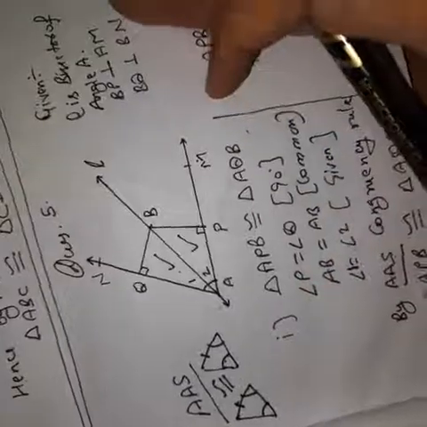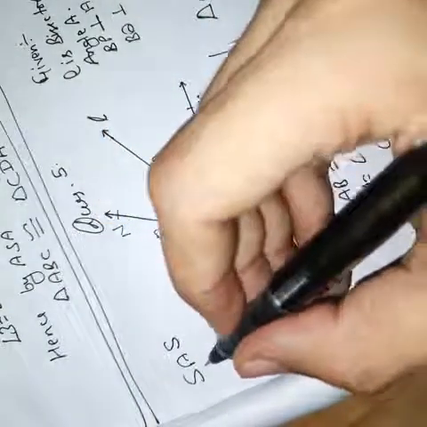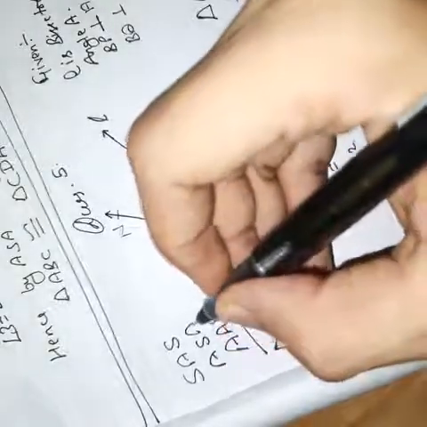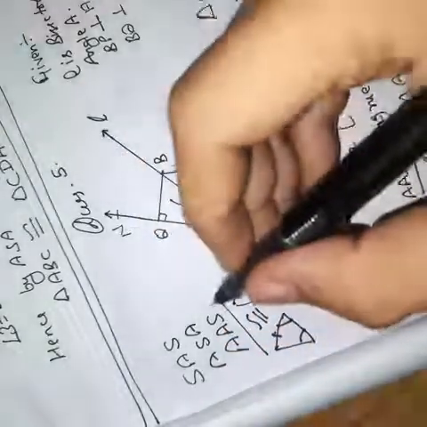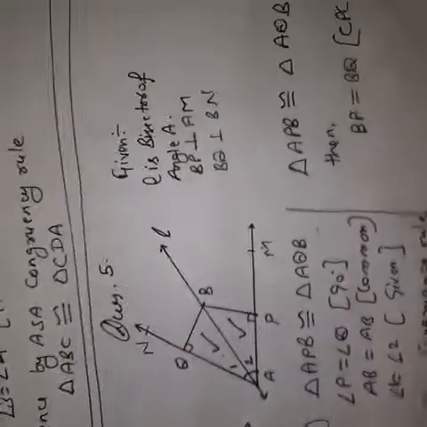So we have used this congruency here. This is your third congruency. You have already studied SAS congruency, after that angle side angle congruency, and now it is your third congruency, which is angle and side congruency.